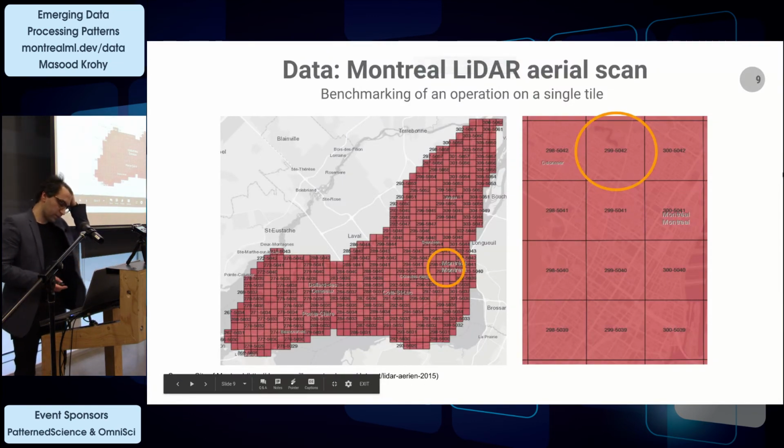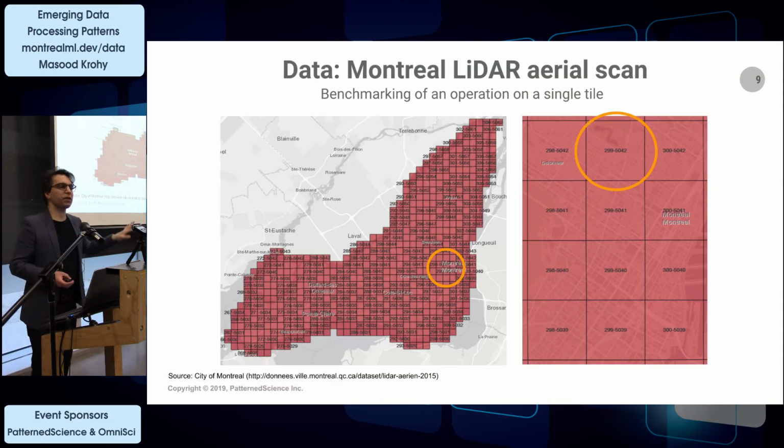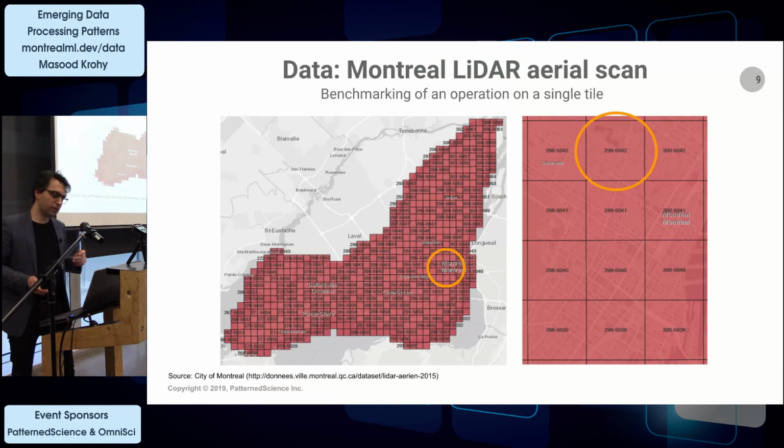So this is our second data set. It's LiDAR data, an aerial scan of Montreal. There are tiles that are split over Montreal. We are picking that tile there because my home is there. I wanted to see my home in the LiDAR data. And that's the La Fontaine Park up there in the tile.